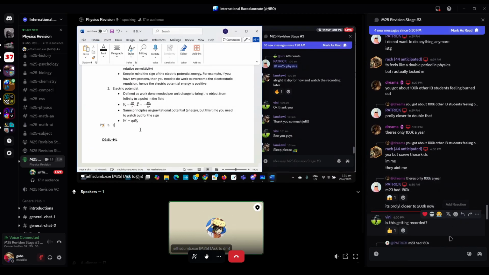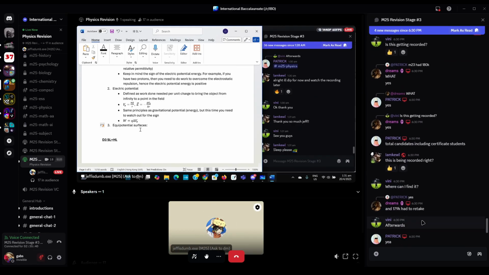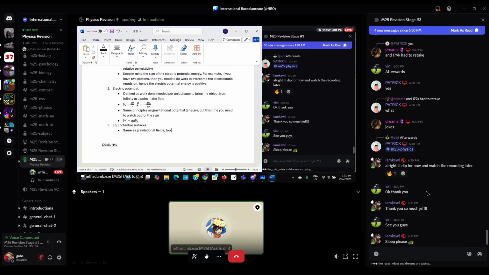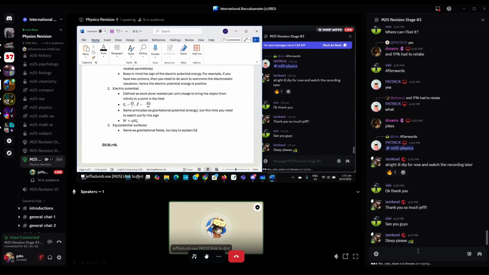And the third one is equipotentials. It is the same concept as gravitational fields. Too lazy to explain further.